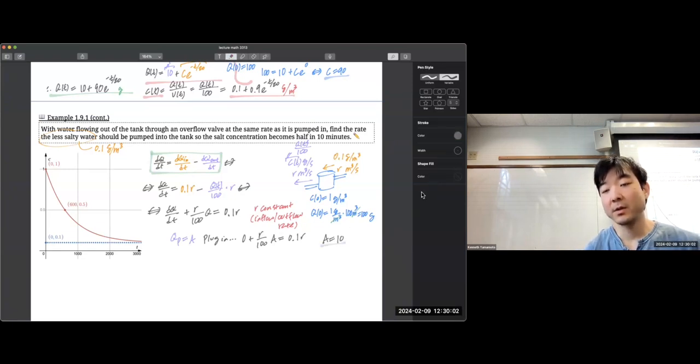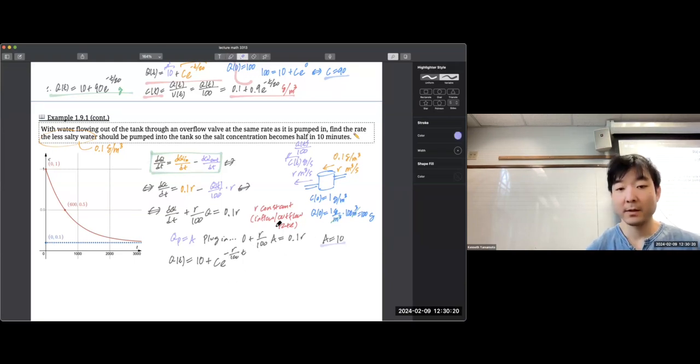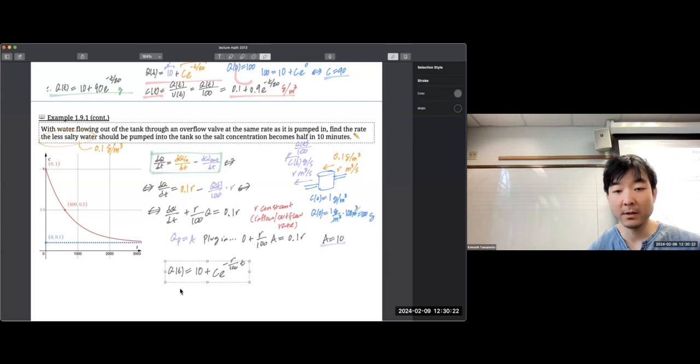So we got our particular solution. Now we know the general solution: Q of t is equal to 10 plus C e to the negative R over 100 times t. This is the particular solution plus the homogeneous solution.